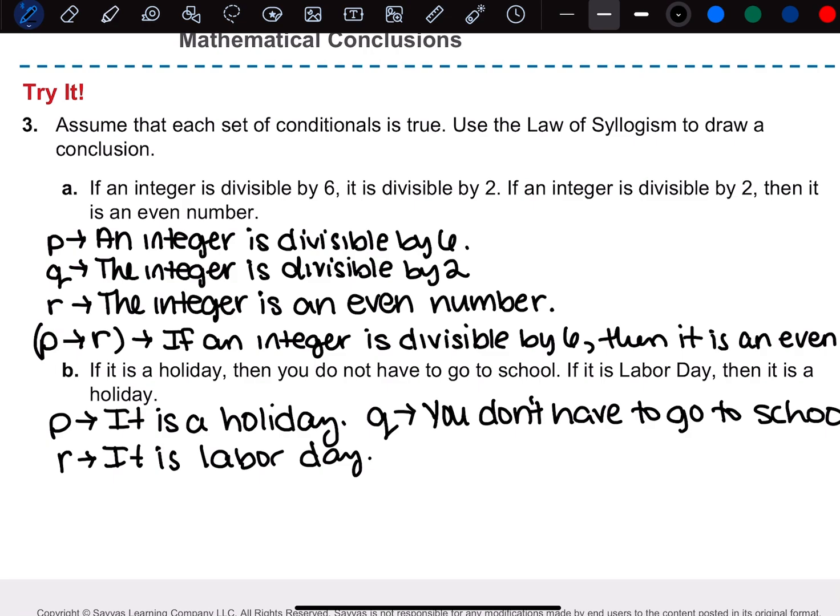I say this because it actually said if it is Labor Day is the new concept. So that is my R, because we already have it as a holiday. We know that. That's the hypothesis.